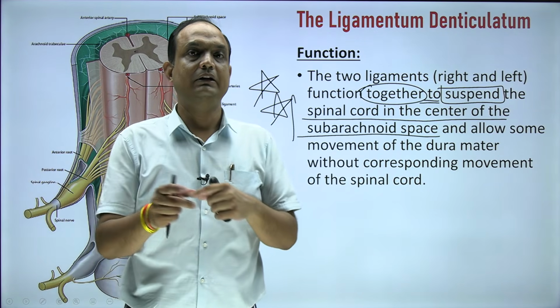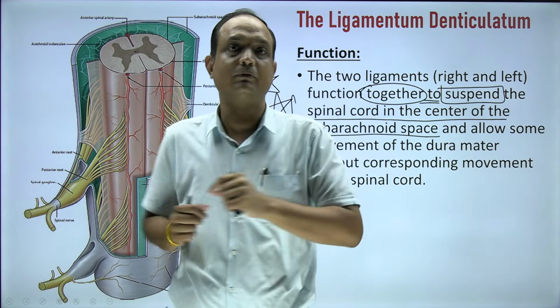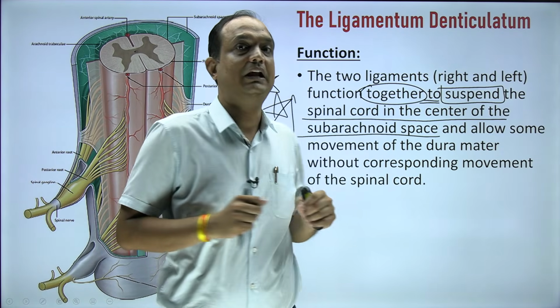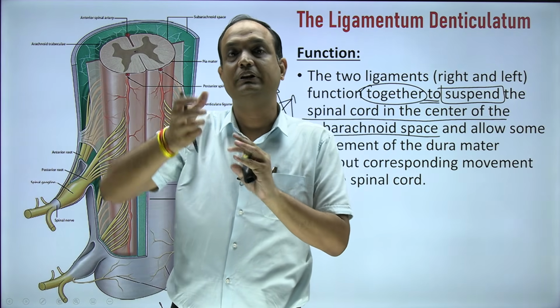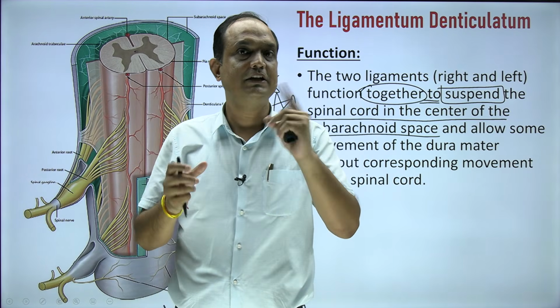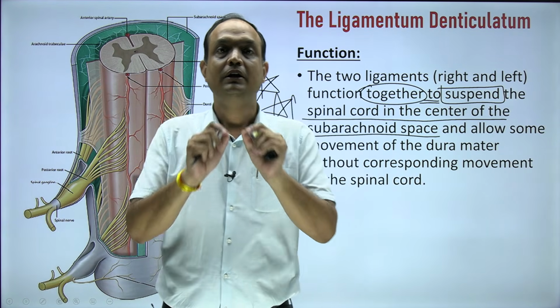That means whenever the spinal cord has very vigorous movement, like when you are doing this type of movement, that means a flexion of the trunk, the spinal cord also tries to move along with the vertebral column. But if such free movements take place in the spinal cord, the nerves will tear.